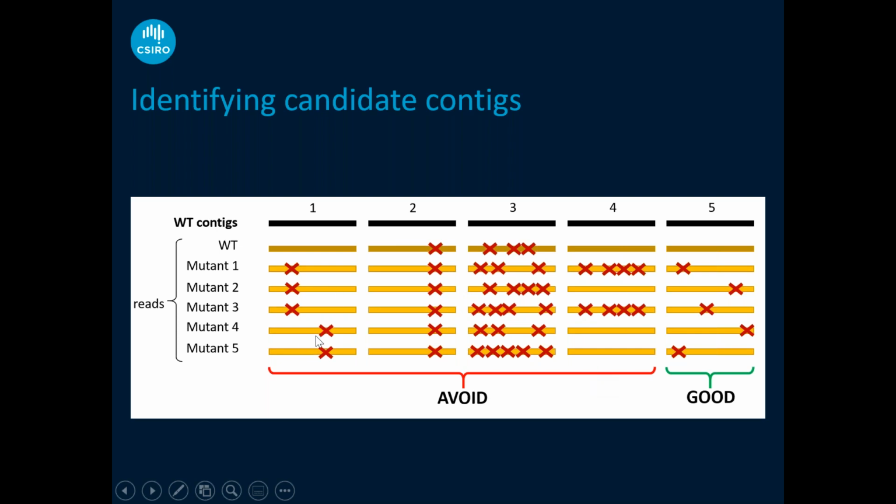Here, for instance, if you have a SNP shared by more than one mutant, it's likely not an EMS SNP and could just be natural variation between the mutants, because it's very unlikely that you have an independent SNP occurring at the same base, unless you've somehow accidentally included siblings in your analysis. A SNP that's shared by all mutants and the wild type is probably an assembly error. In the case of number 3, this could be just very poor assembly or misalignments, and same as number 4.